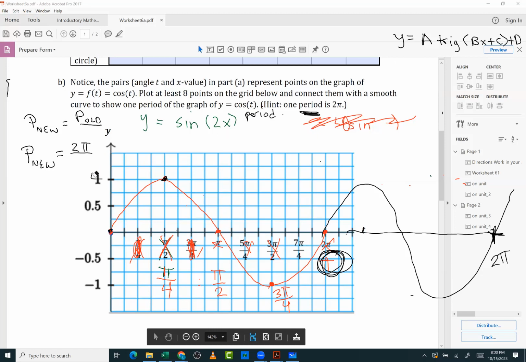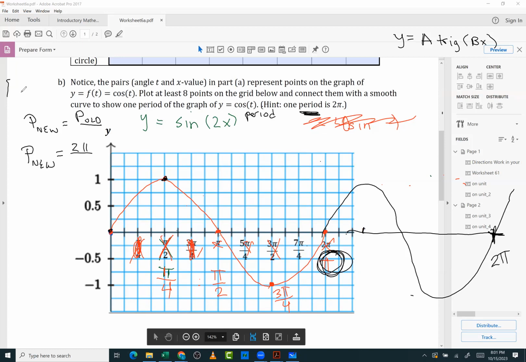Good? Here, I don't have the pluses, so we're really not worried about those right now. Let me erase them for the moment because we're not going to talk about C or D yet. That's next week. So we're not going to talk about C or D in this quiz at all.